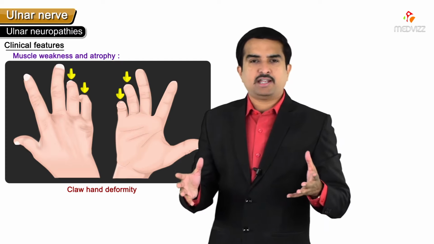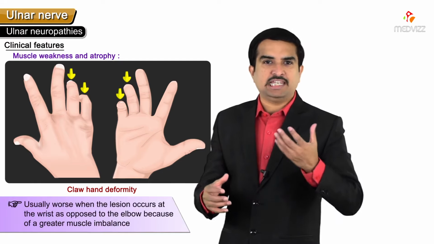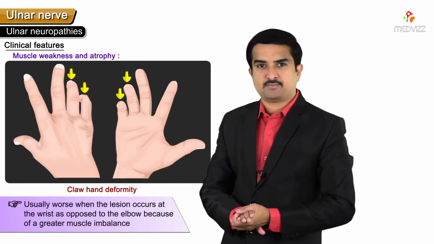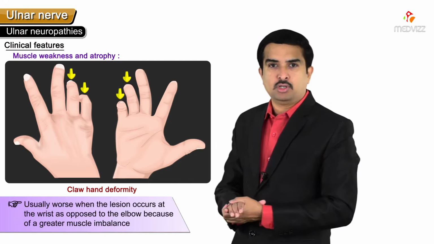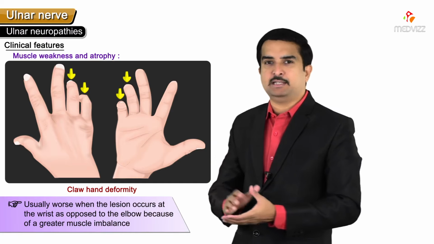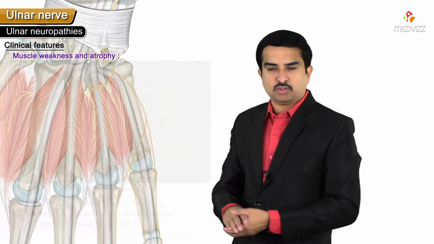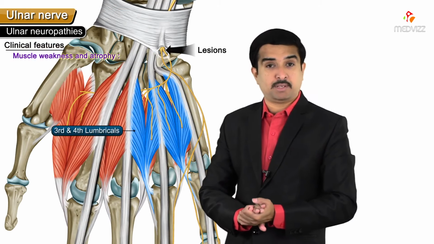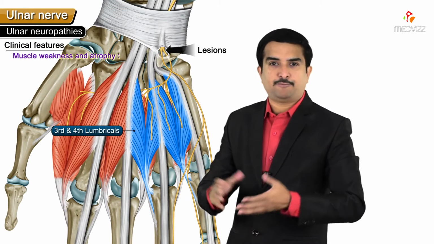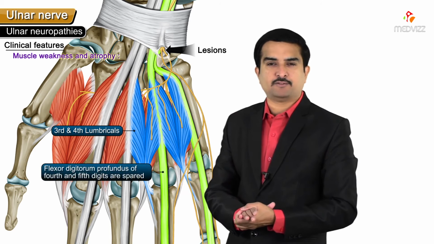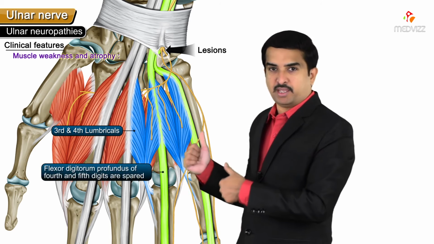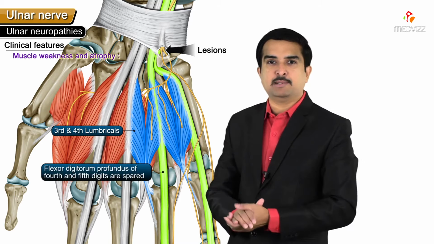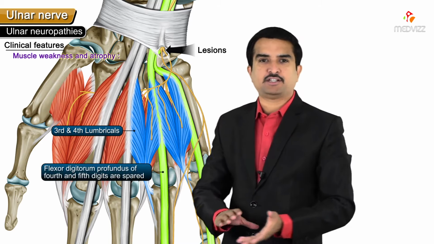The ulnar claw hand will usually be worse when the lesion occurs at the wrist as opposed to the elbow because of a greater muscle imbalance. The wrist lesions usually present with weakness of the third and fourth lumbrical muscles, while the flexor digitorum profundus of the fourth and fifth digits are spared, unlike the lesions at the elbow in which both are affected. Now let us talk about the Wartenberg sign.